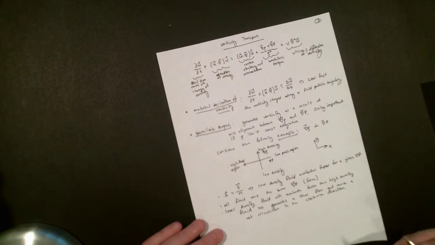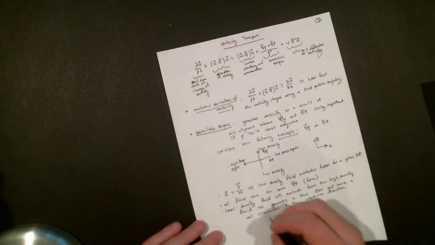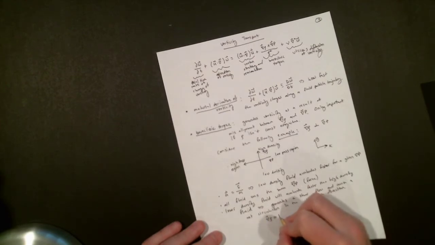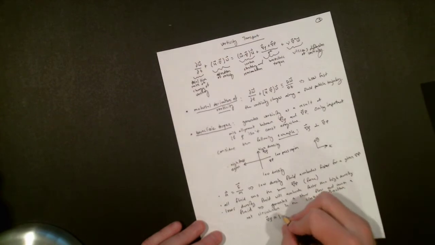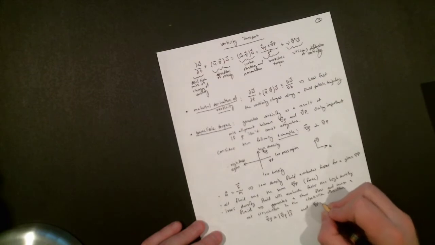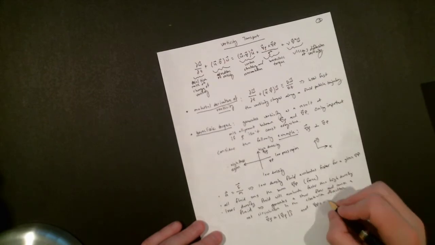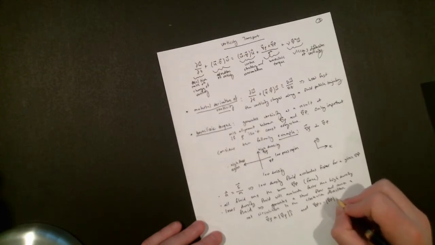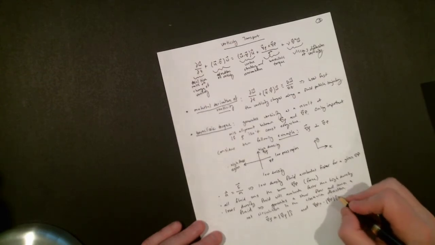The reason we say clockwise is that, in this case, the gradient in our density only acts in the j direction, and the gradient in our pressure just acts in the i direction.